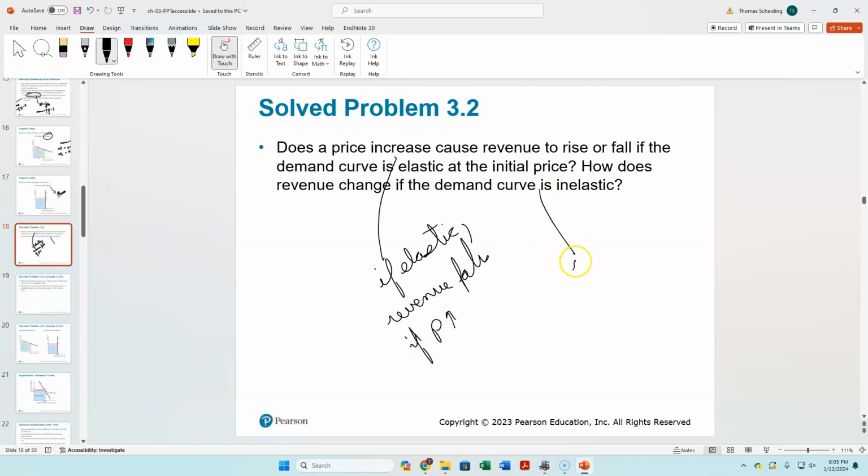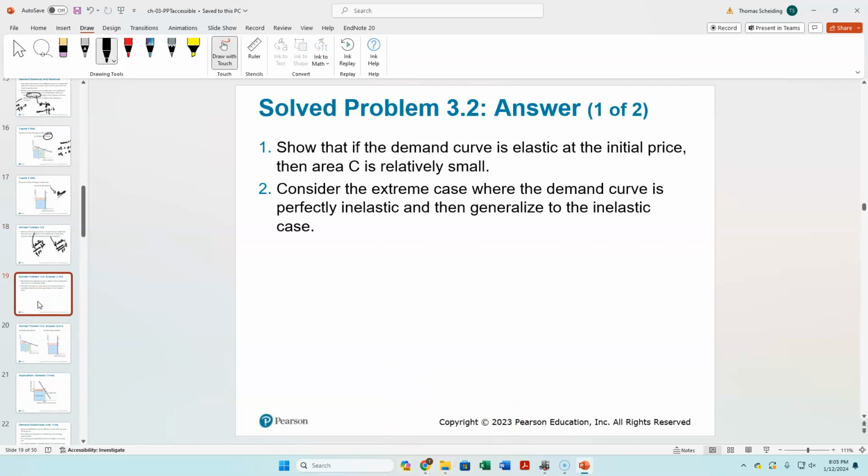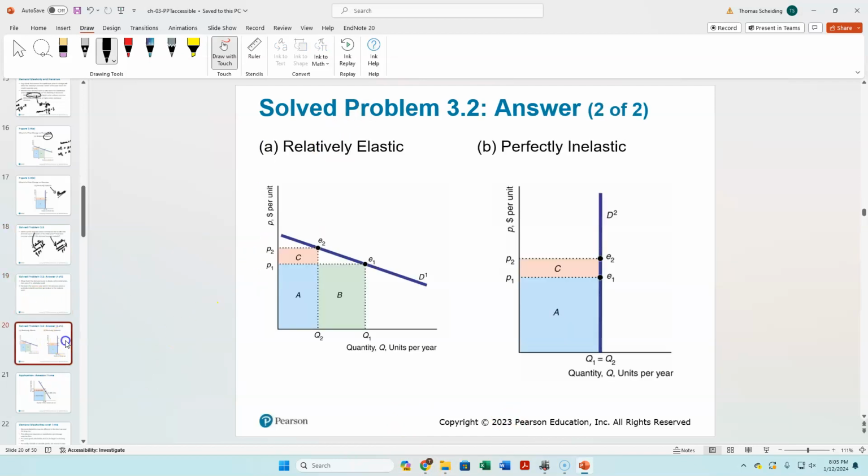And over here, if it is inelastic, then revenue increases if the price is increasing. And I guess you could just say that here, or say that here.